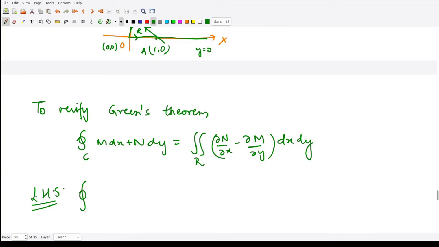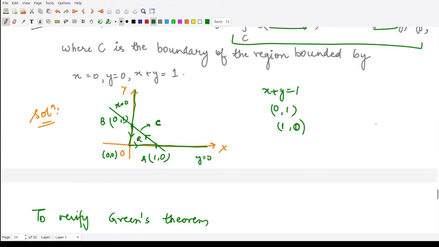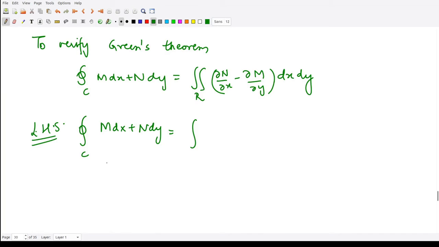For the left hand side, we are given the closed curve C integral of M dx plus N dy. What is M here? M is this. This is your N, right? So first of all, we are to break our curve C into straight line portions.